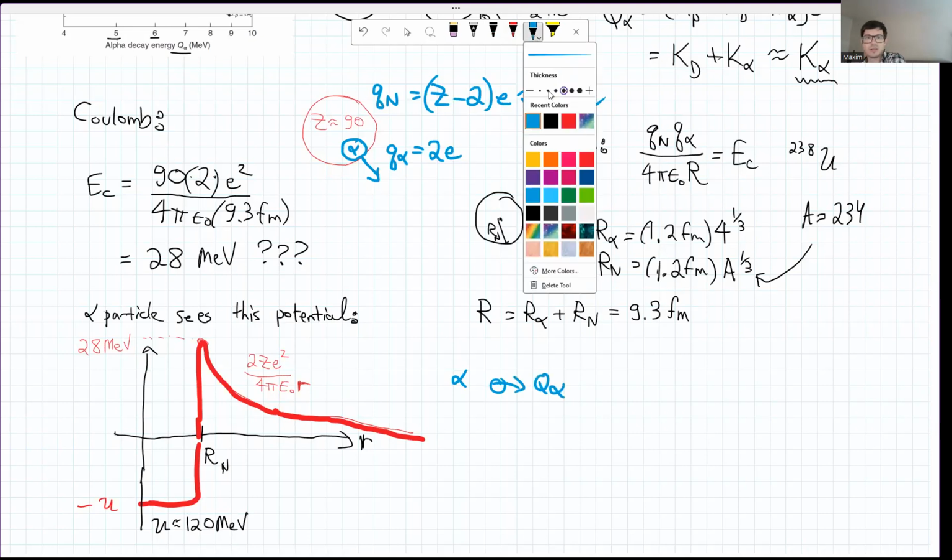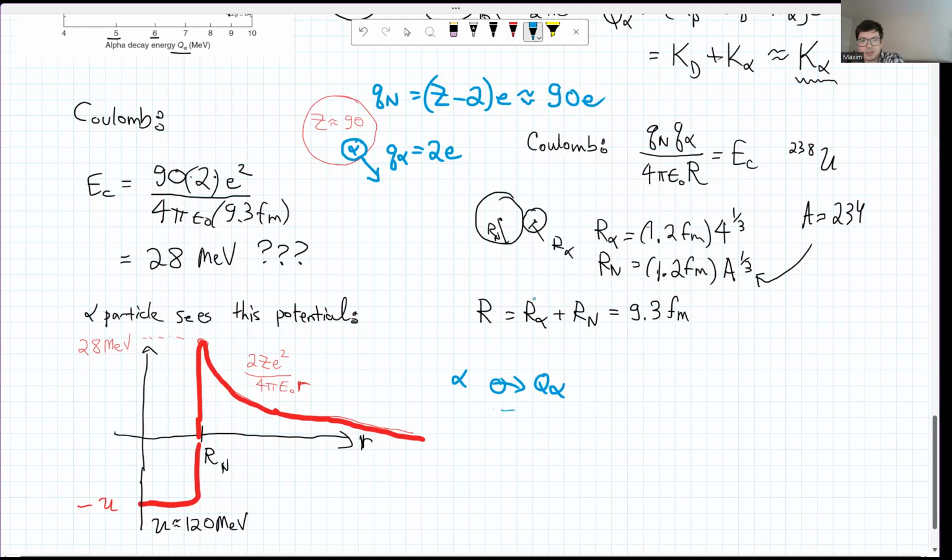And of course, energy is conserved, so that must be the total energy it has throughout. So if we draw a line out here and say this is our Q alpha, this is what should happen, right?